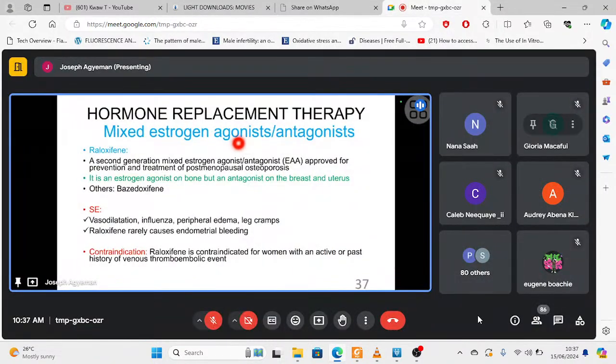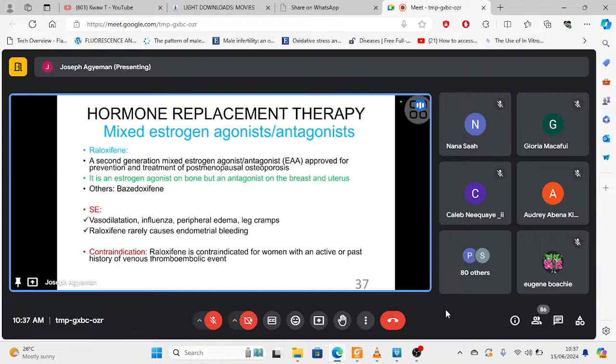It is an agonist when it comes to the bone. You are enjoying positive benefit. But thankfully, it is an antagonist when you consider breast and uterus. So no problem with uterine cancer and then breast issues.